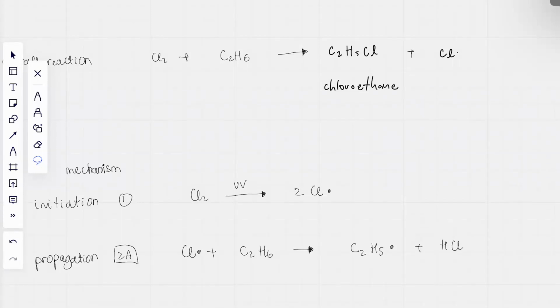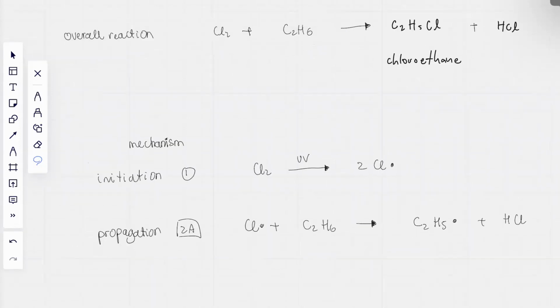Yeah, HCl. So that's why it's substitution. Substitution means, to the organic compound, I give you Cl, but I take something from you. In that case, I take H. So as the organic compound, you are gaining Cl but losing H. That's why it's called substitution.